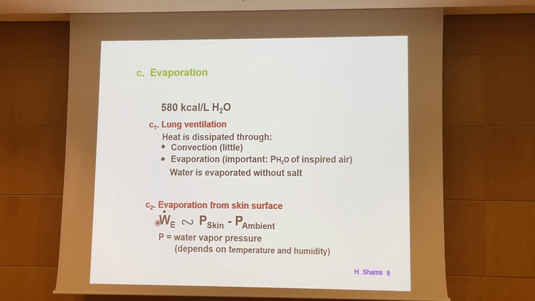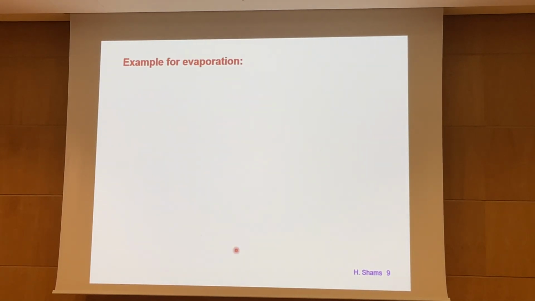You see here that the evaporation from a skin surface is proportionate to the partial pressure of water vapor, not temperature difference. Partial pressure difference of water vapor, and this partial pressure of water vapor depends itself on temperature. Okay, and now to understand it, we make an example.